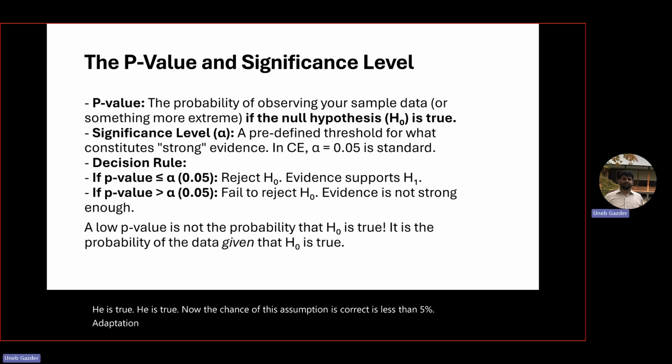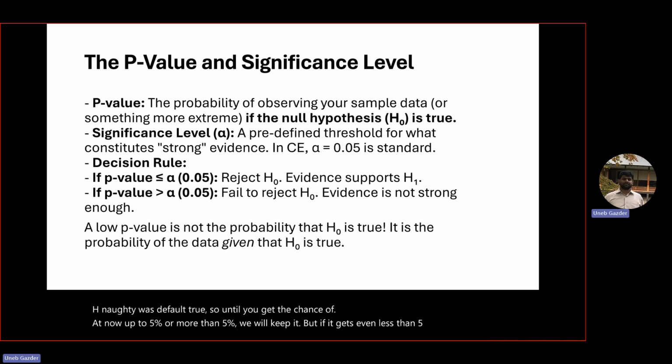H naught was default true. Until the chance of H naught is 5% or more than 5%, we will keep it. But if it gets even less than 5%, we reject it.